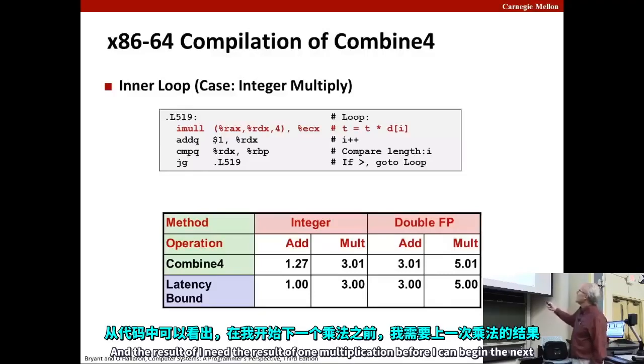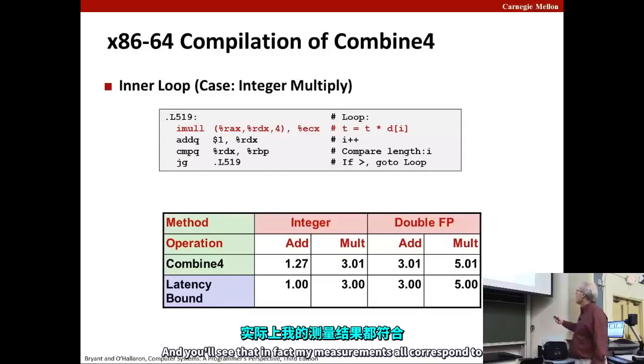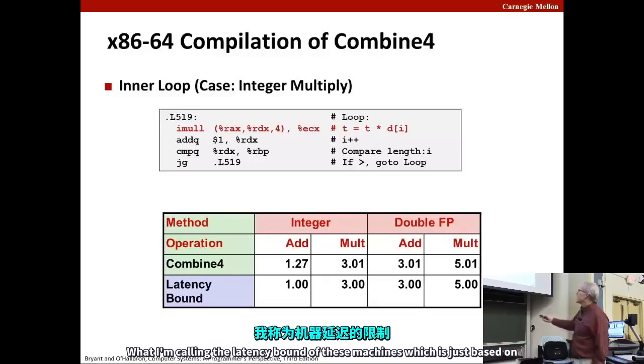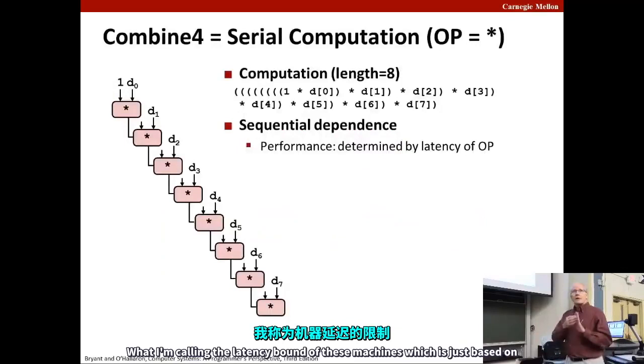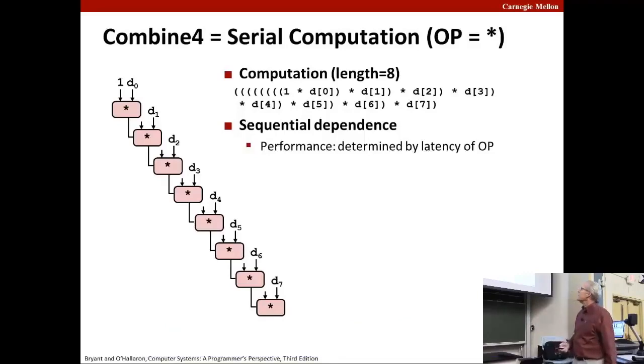I need the result of one multiplication before I can begin the next, so there's a 3 clock cycle bound here. You'll see that my measurements all correspond to what I'm calling the latency bound of these machines, which is based on how much time it takes from the beginning of an operation to the end.